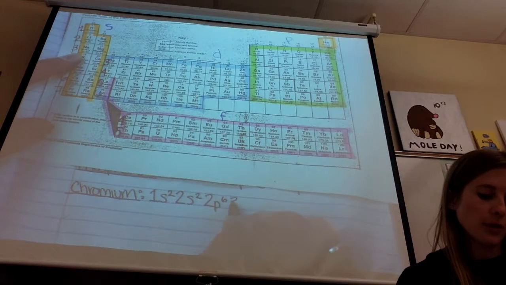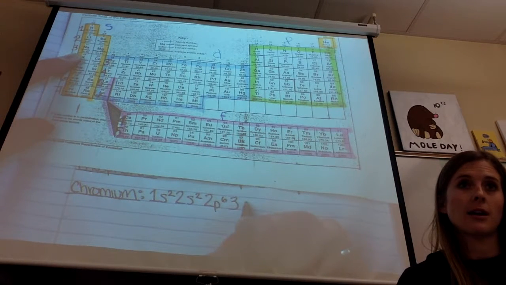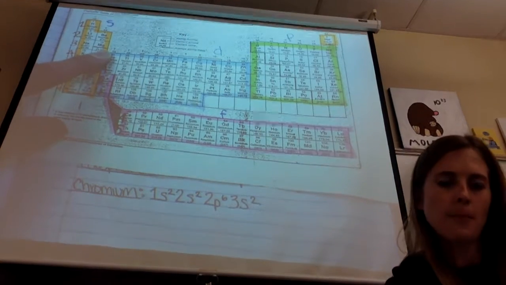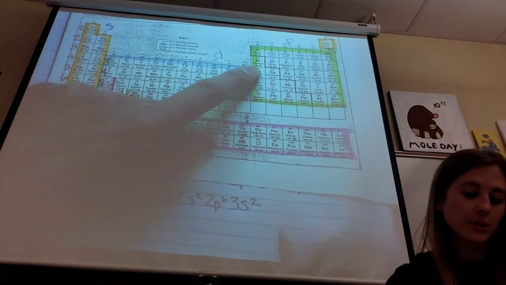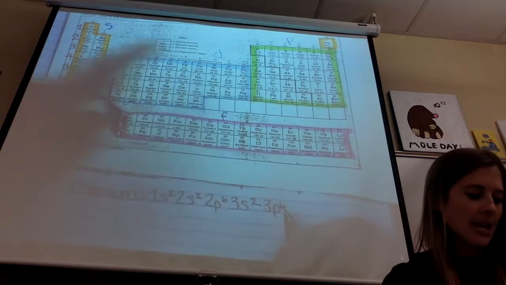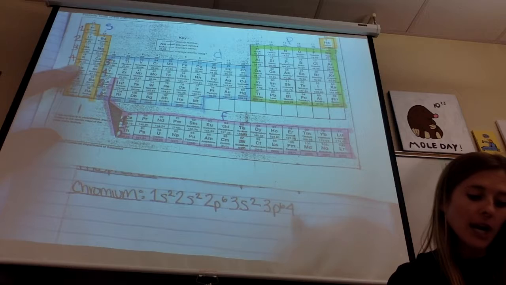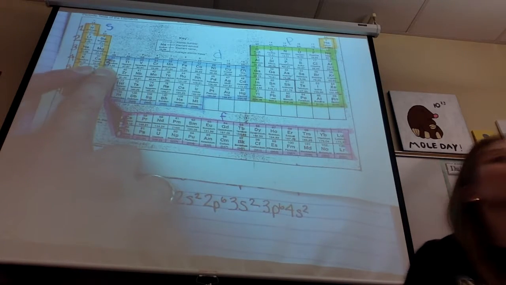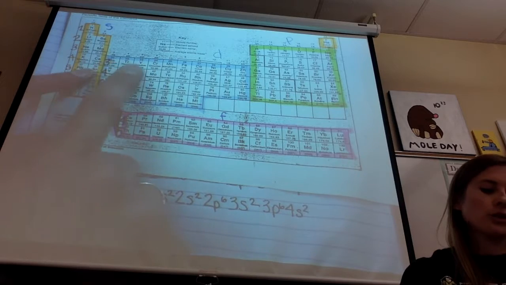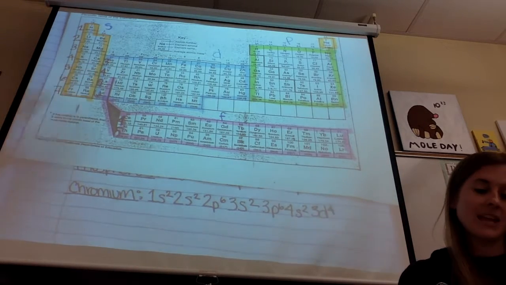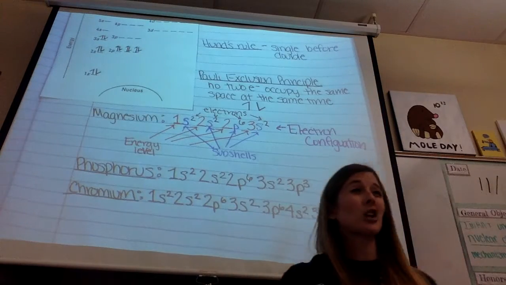Energy level 3, block S, 2 electrons. Energy level 3, P, 6. Energy level 4, S2. What happens here? 3d, and then 1, 2, 3, 4. And that is electron configuration.